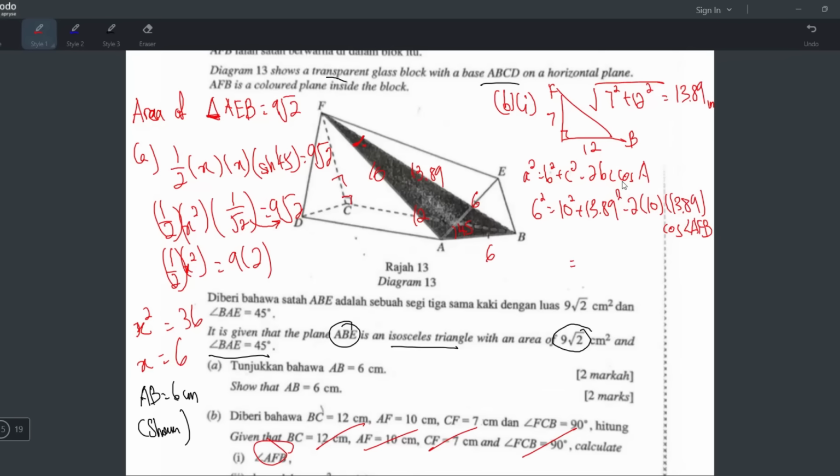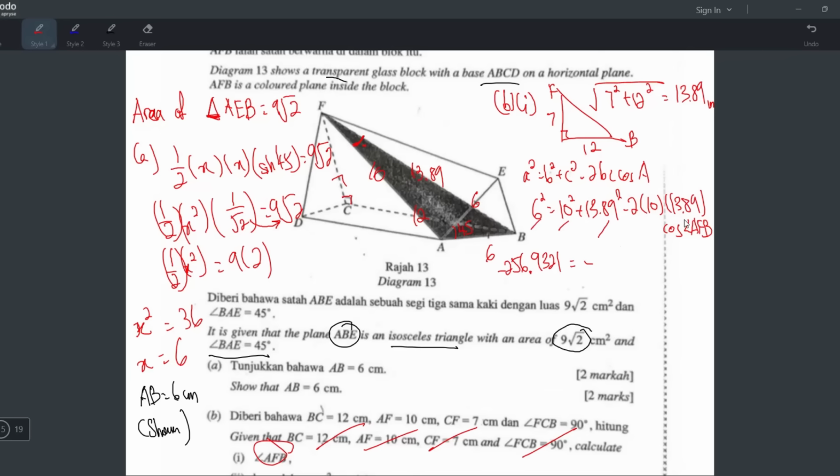Usually the way I do it is I ask students to cut off here, and then the 10 square moves over, the 13.89 square moves over here. So we press 6 square minus 10 square minus 13.89 square, which is negative 256.9321. And then the rest here, I'll just do negative 2 times 10 times this.